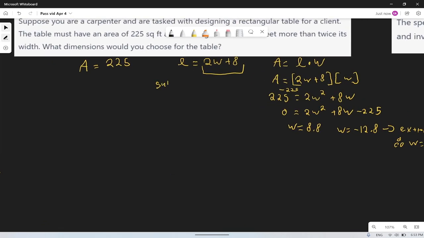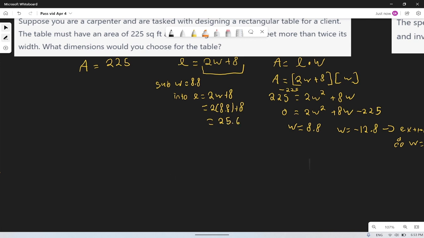Now we can substitute this back into our equation. So let's say sub w equals 8.8 into L equals 2w plus 8. So that would mean it equals 2 times 8.8 plus 8, which equals 25.6.